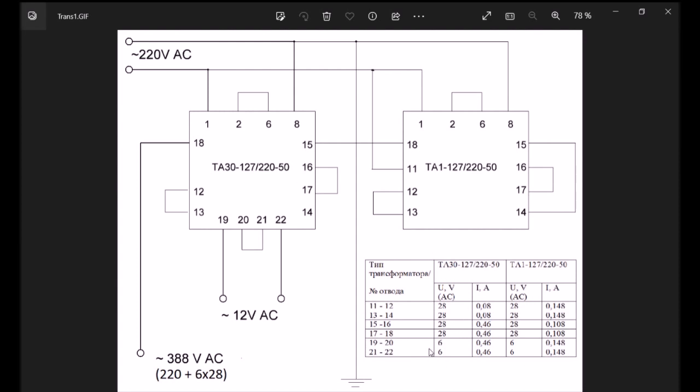This table explains why I used these transformers in such a way. TA30 has much more powerful secondary windings. They give us 460 milliamperes, and in TA1 it is only 148 milliamperes. So this circuit is much more powerful.